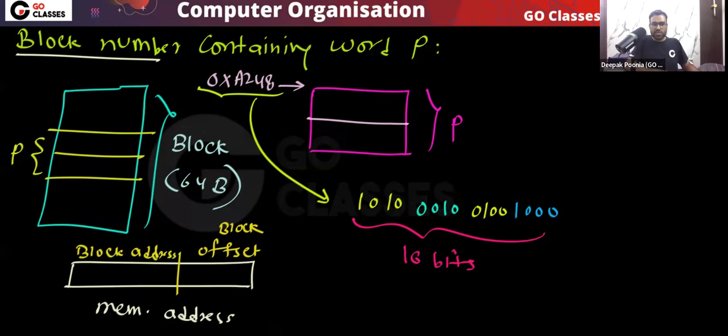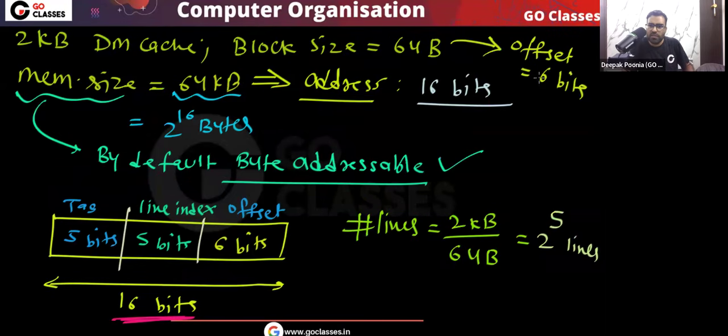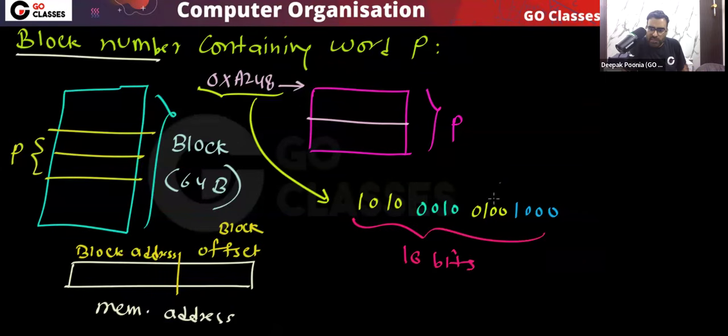Here also you can easily see that we can divide this address into two parts, block offset and block address. For block offset we need 6 bits. The least significant 6 bits are for block offset.